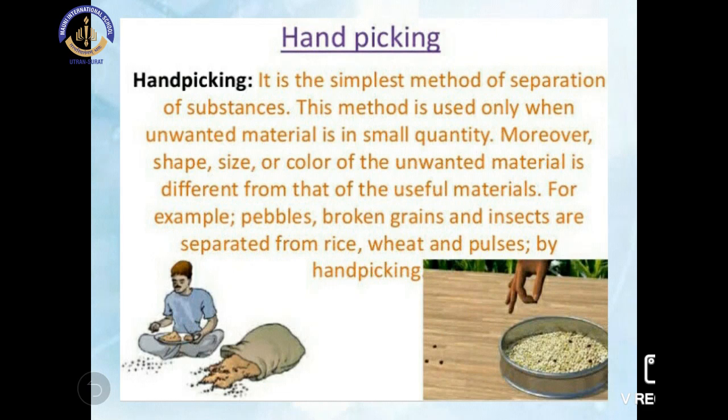So what is the hand picking process? It is the simplest method of separation of substances. This method is used only when the unwanted material, which means here the impurities which are not useful for us, which are harmful for us, like stone, husk, insects, so many impurities or unwanted materials, is in a small quantity. See here, in this plate there is the grain and inside it some impurities.